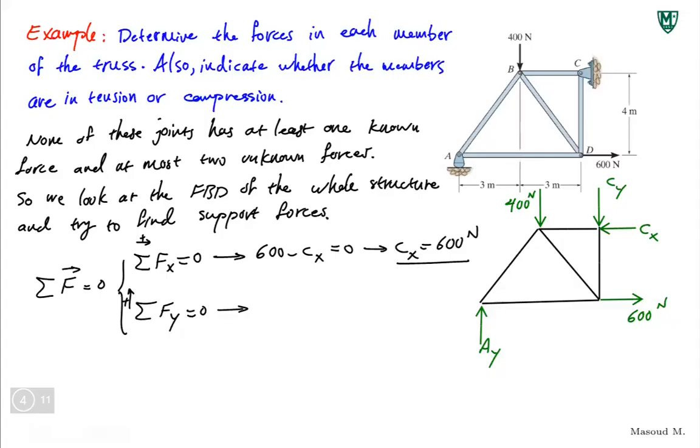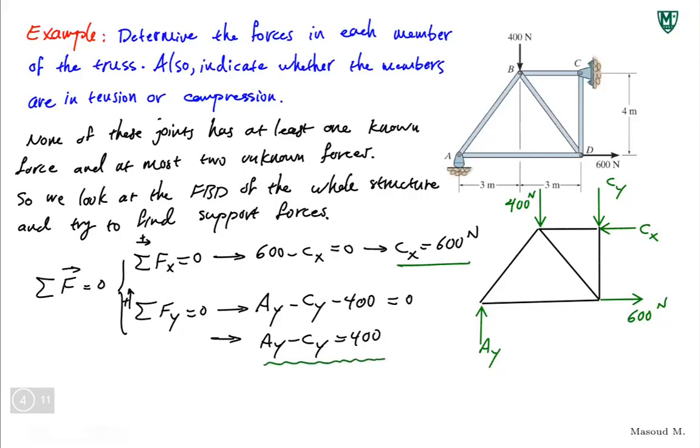We have Ay minus Cy minus 100 in y direction, which from there we'll get Ay minus Cy is equal to 400. Let me follow the typical color code that I do. So this would be Cx. Now we get this one there.